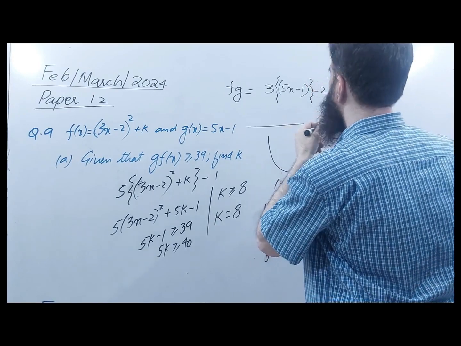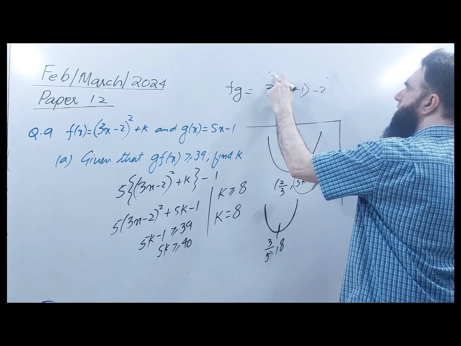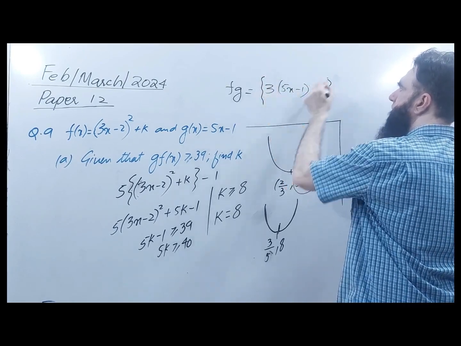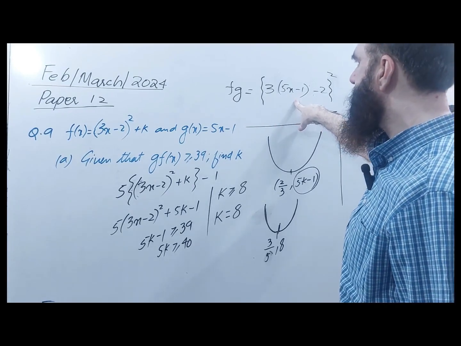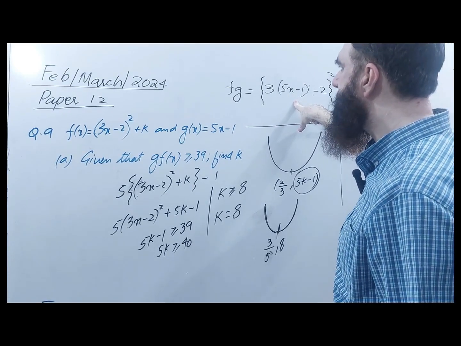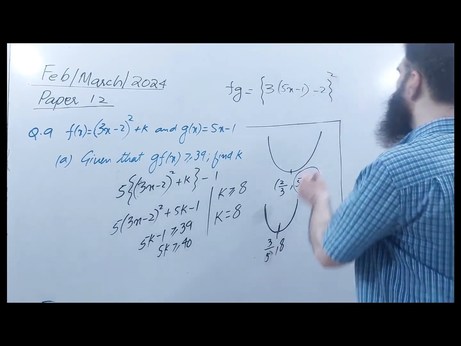Are we doing any mistake? So, no. 3x minus 2, and this is whole square. This is it. 3, and we put in place of x the function g. So, minus 2 whole square plus k.